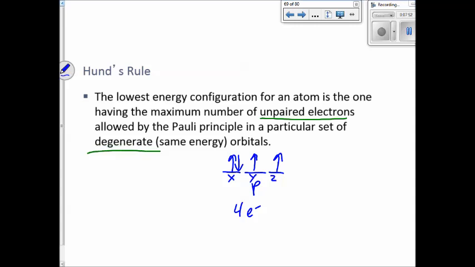So make sure that you're following Hund's rule when you're in your p, d, and f orbitals, those sublevels, okay? And yes, that word degenerate you might see as being listed, but just know that that means it's a p, d, or f, because it has more than 1 orbital in the sublevel. Okay?